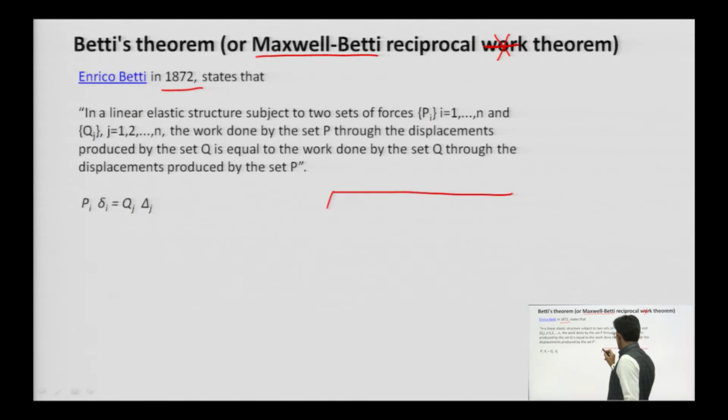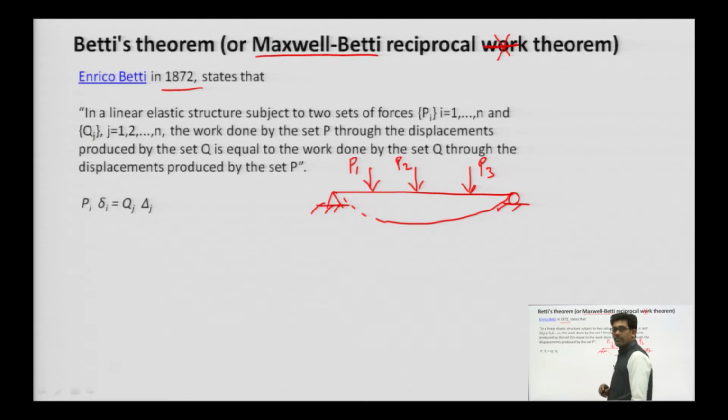if we have two systems of loading, say P1, P2, P3, this is one load system, and this is the deflected shape.